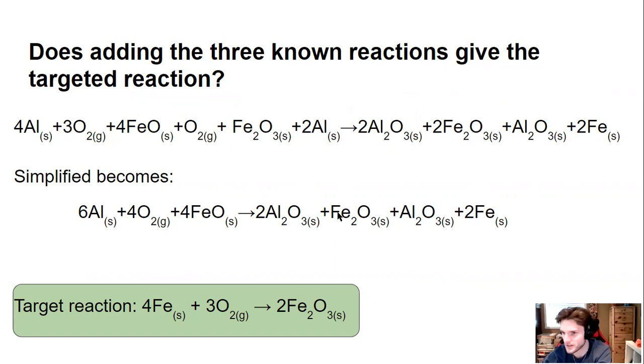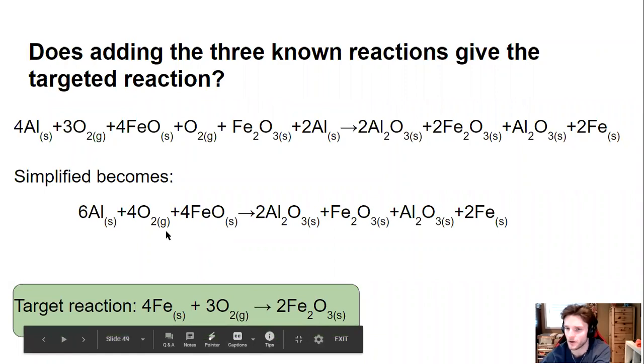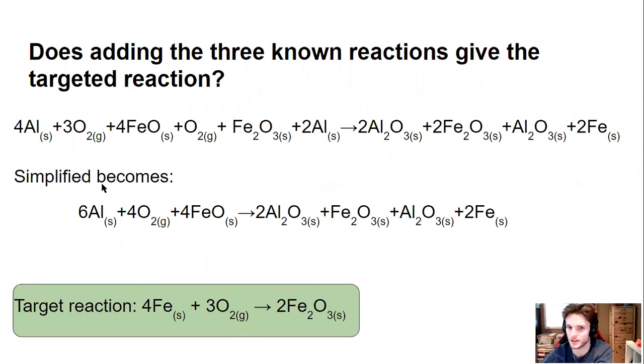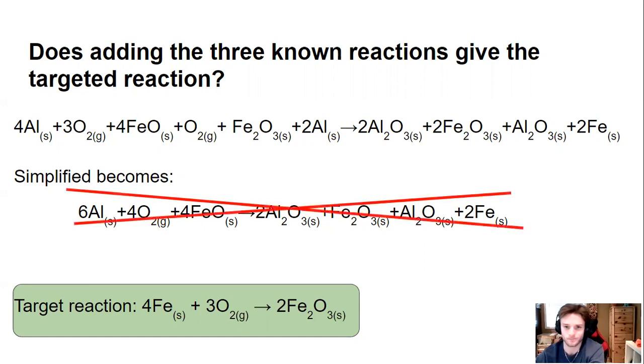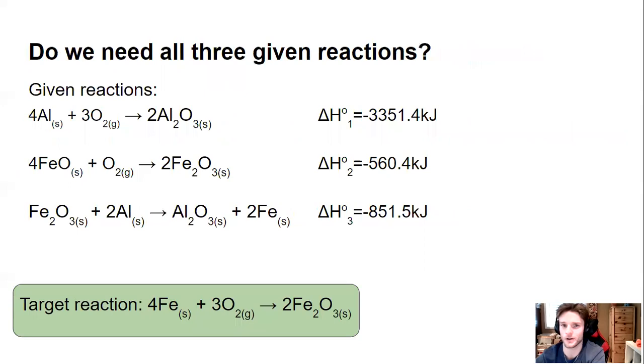Put our oxygens and everything else that's common together, and we're left with this equation here. And we can call our target reaction on the bottom is not this. So that didn't work. So now we know we're going to have to manipulate some or one of the known reactions. Yeah, so that did not work.